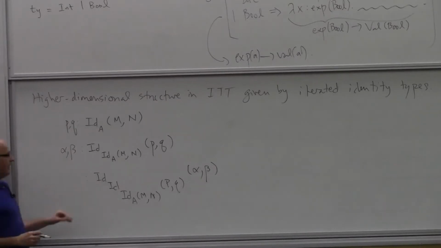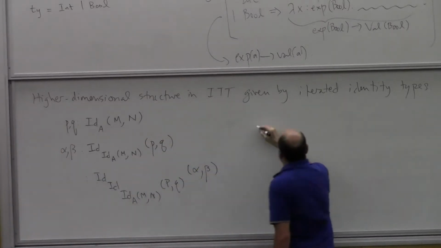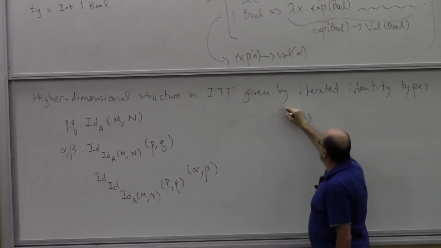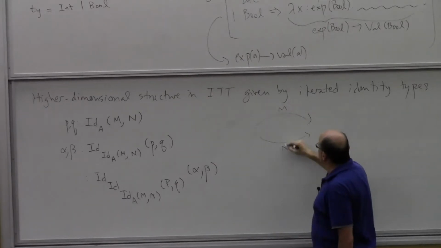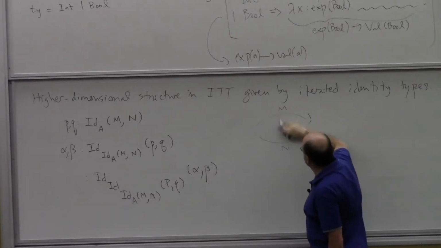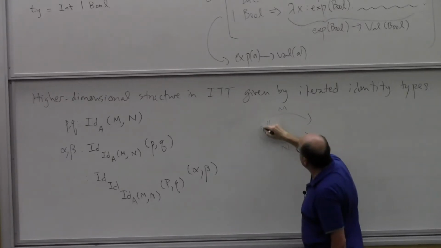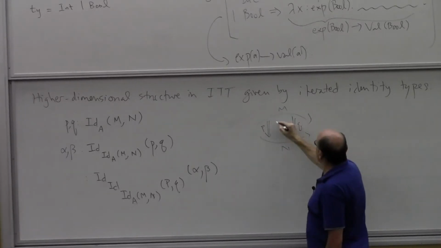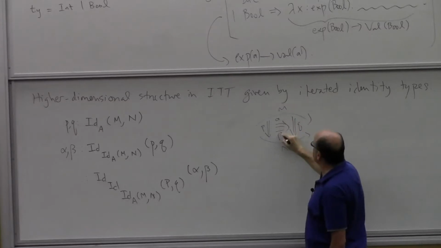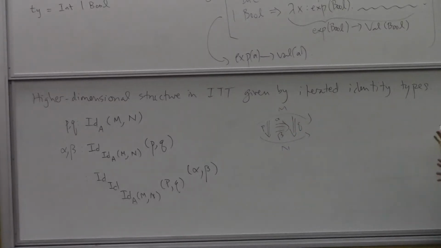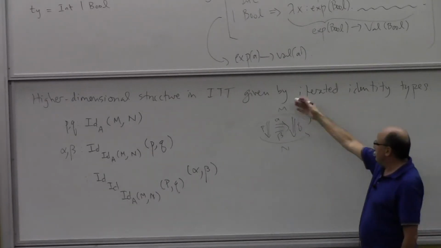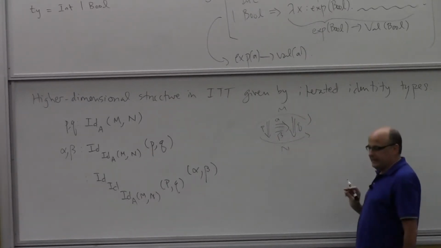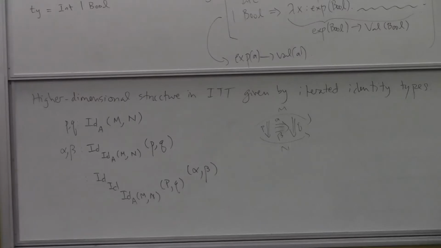The picture we draw is, we have maps M and N, then proofs relating them, P and Q, and then proofs relating those, alpha and beta. There's this infinitely descending or ascending, depending on your point of view, structure of relationships between these things.